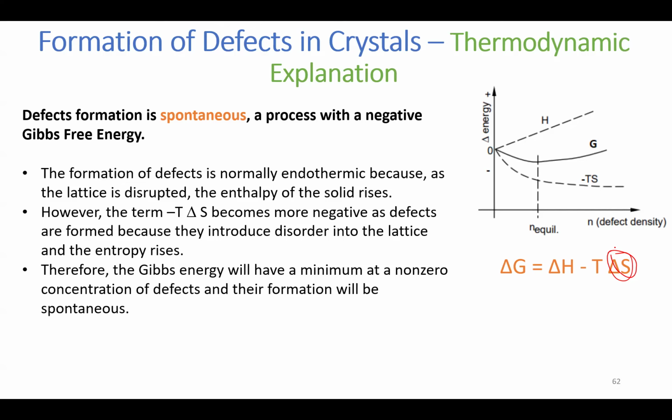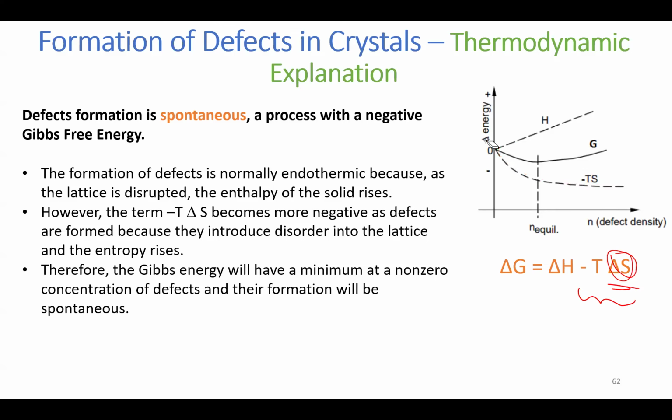But when defects are forming, meaning that we are disrupting that ordered pattern, defect formation has a positively large delta S. Do you understand that? So with a positively large delta S value, the whole term minus T delta S, T being constant temperature, will be negatively large.